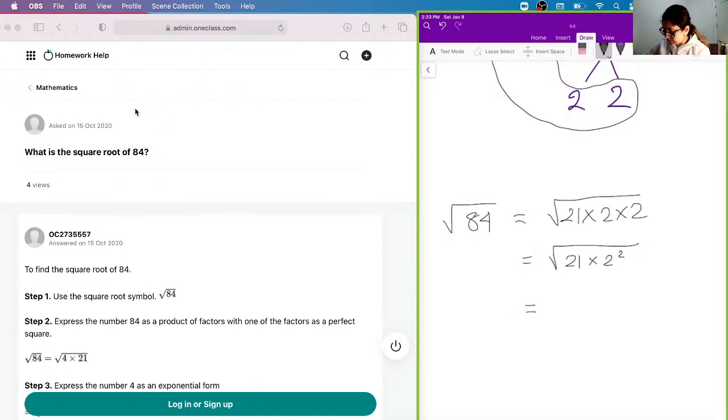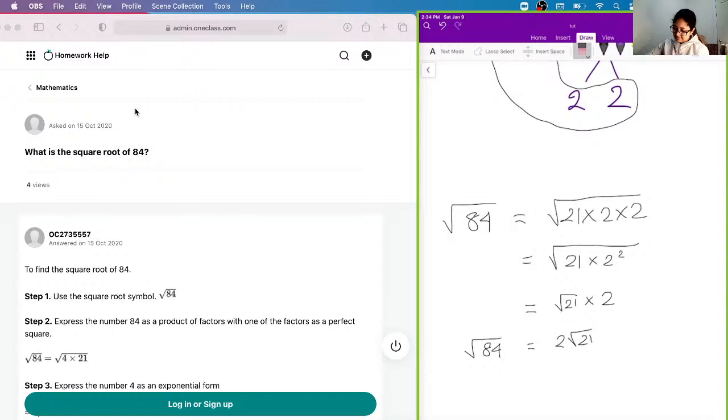You guys probably know that if there's a square, the square root will cancel. So both of the operations will cancel out, and we would still have the square root of 21. However, we would also have 2. So our answer in simplified form would be 2 square root of 21.